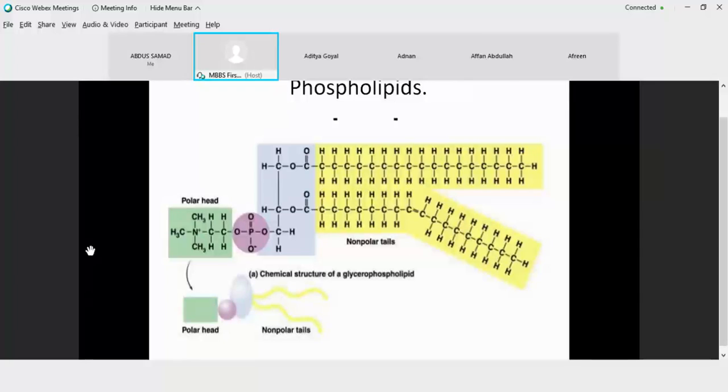Carbon number 1 of glycerol is attached to a fatty acid, and carbon number 2 is again attached to a fatty acid, which shows a kink, a bend, because of the presence of a double bond. Instead of another fatty acid, which in a triglyceride forms a completely hydrophobic structure, here in a phospholipid the third carbon is attached to the phosphate group.